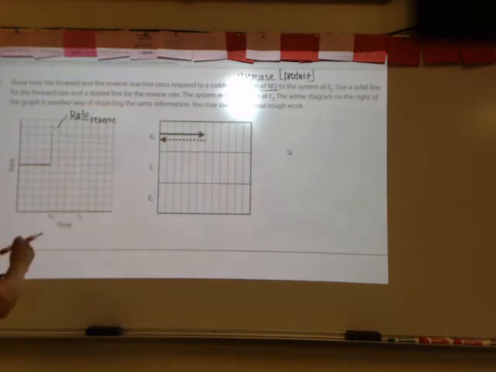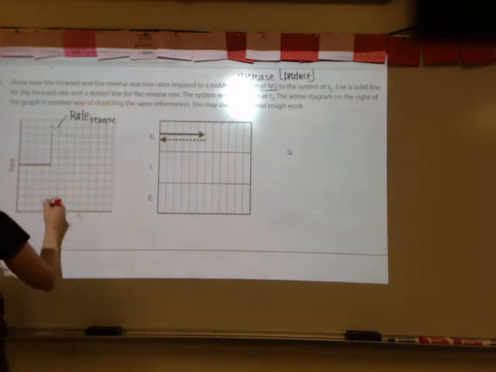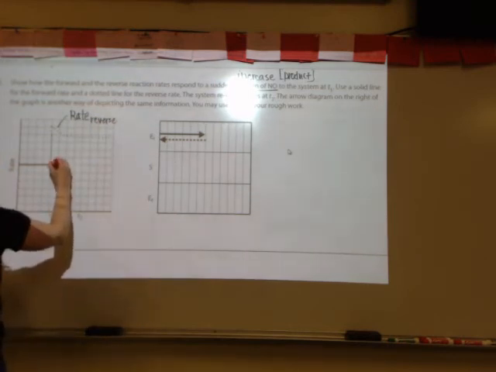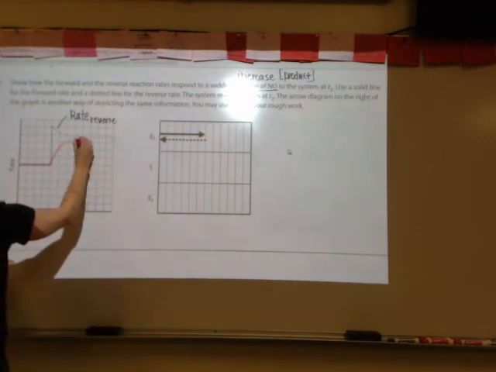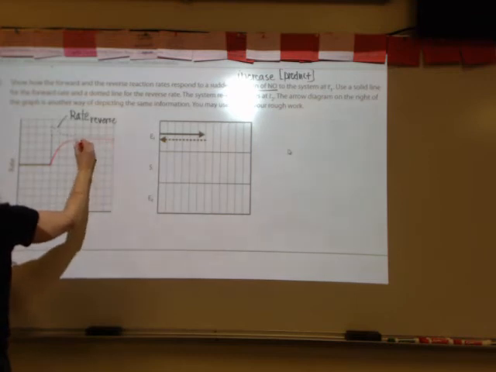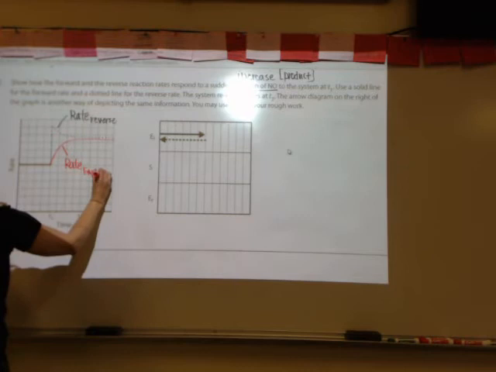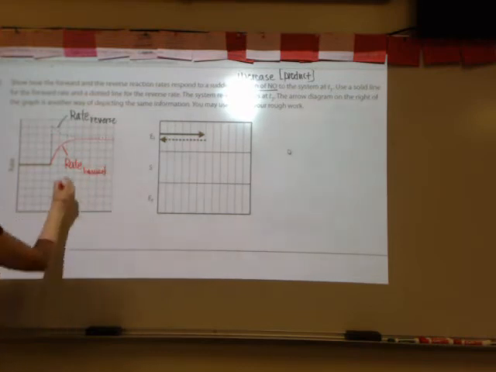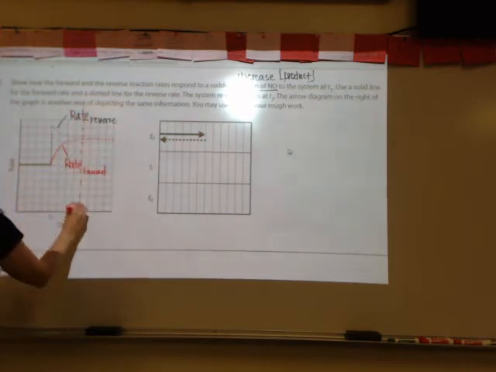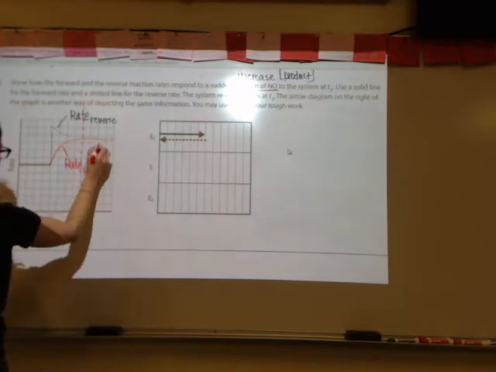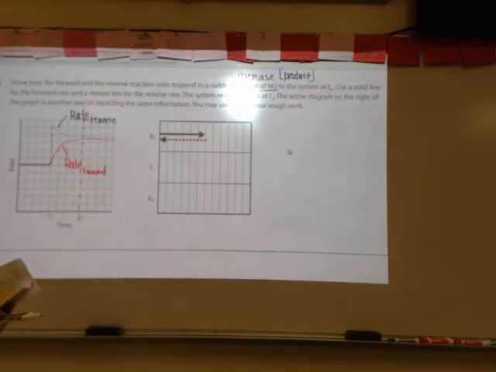Now, my forward rate has to come up to meet it. And that is my solid line. So it's going to come up to meet the reverse rate at T2, which is about here. So they should be the same at T2.